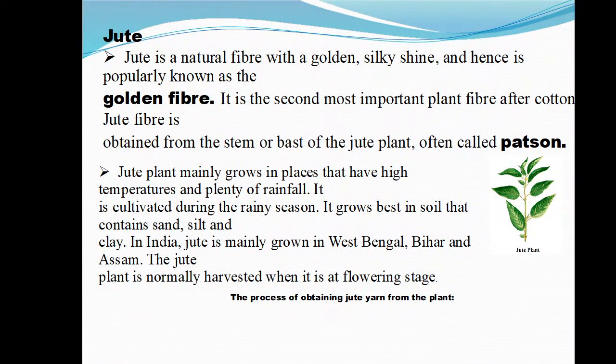So that was all about cotton. Cotton is picked from the field, which is called picking. Then we do the ginning, separating out the seeds from the cotton fiber. Then we do the spinning, making the yarn from that cotton fiber.